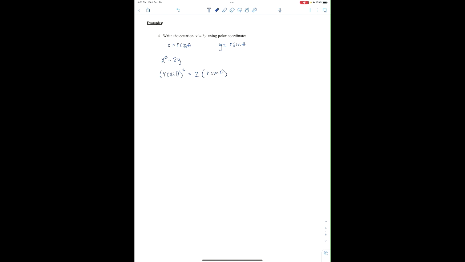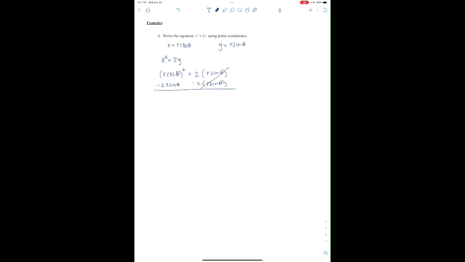And now, in order to write this as an equation that is more commonly seen, I'm going to move everything to one side. I'm going to subtract this over to the other side, 2r sine theta. And whatever I do to one side, I have to do the other.